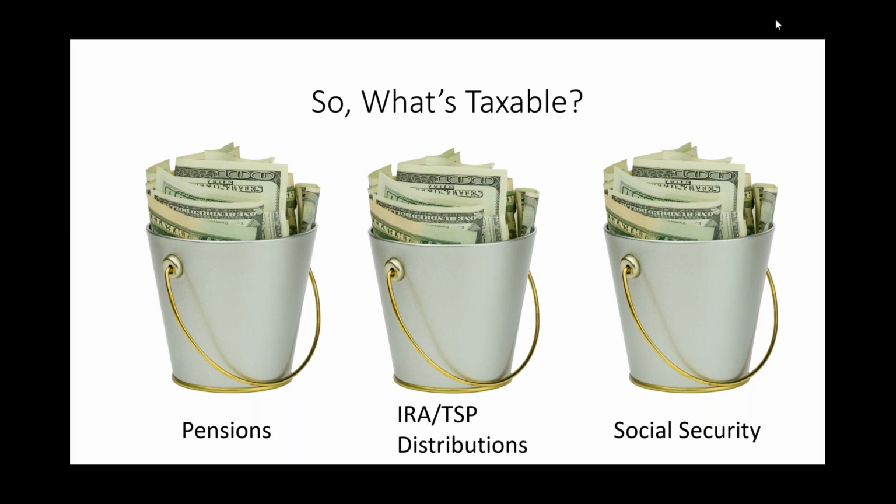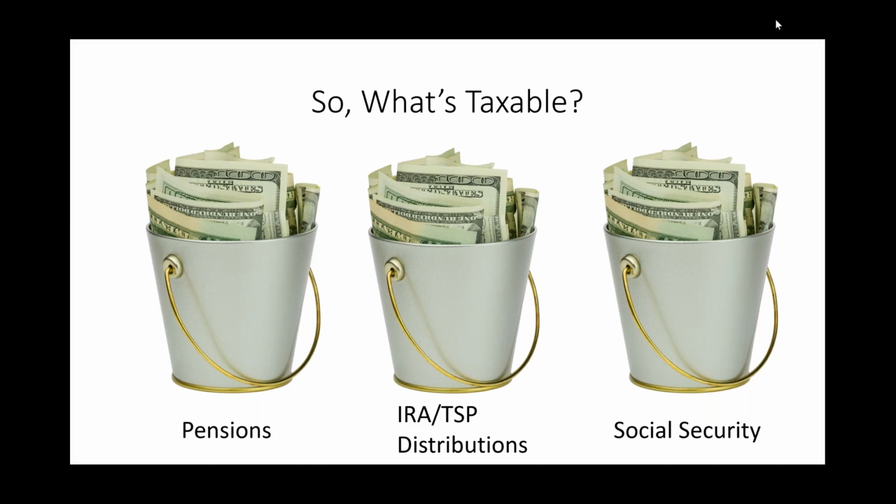Your Social Security, and again, this is not a Social Security workshop, but there's a lot that goes into it, is either taxed 0%, 50%, or up to 85% of your Social Security could be taxable income on your tax return the following year. And what determines that is the amount of taxable income you take from your annuity and from your traditional TSP.